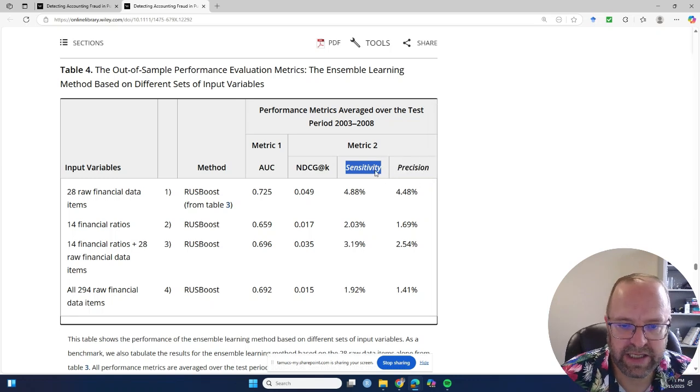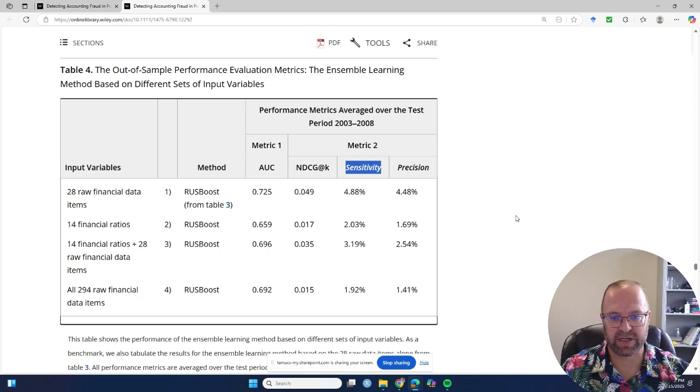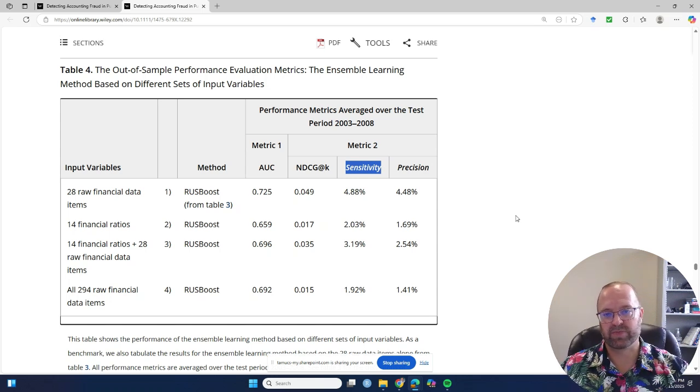Sensitivity is a definition they come up with. They run their model in training data, then they apply it in testing data. And what they do is look at the top 1%. What comes out is a prediction of the probability that that company year has a fraud. They sort the observations, and the highest 1% are the most likely to commit fraud.